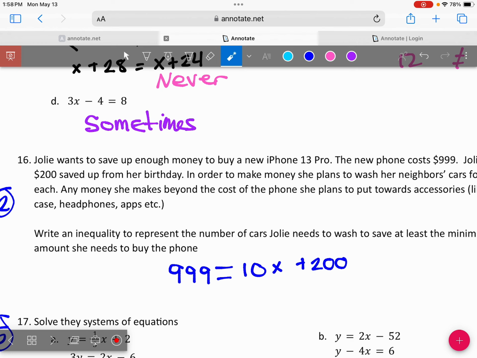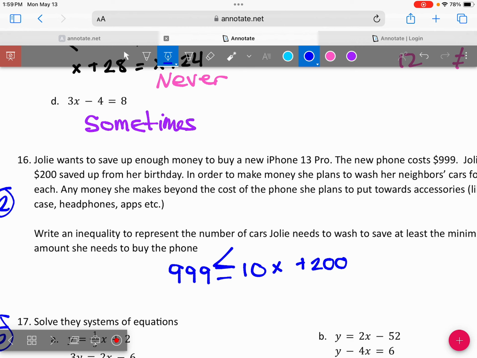So if she wants to have enough money to buy the phone and some accessories, which side needs to be bigger? The left or the right? The right. If this side needs to be bigger, make the alligator eat the bigger side. So it'll be less than or equal to, because she'd be fine exactly being fine. Like, she can get the phone with no accessories.